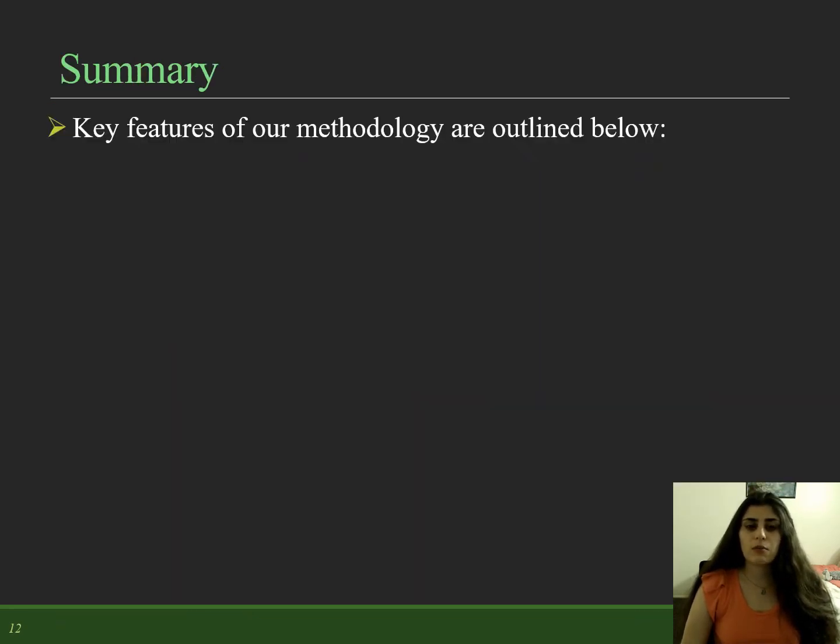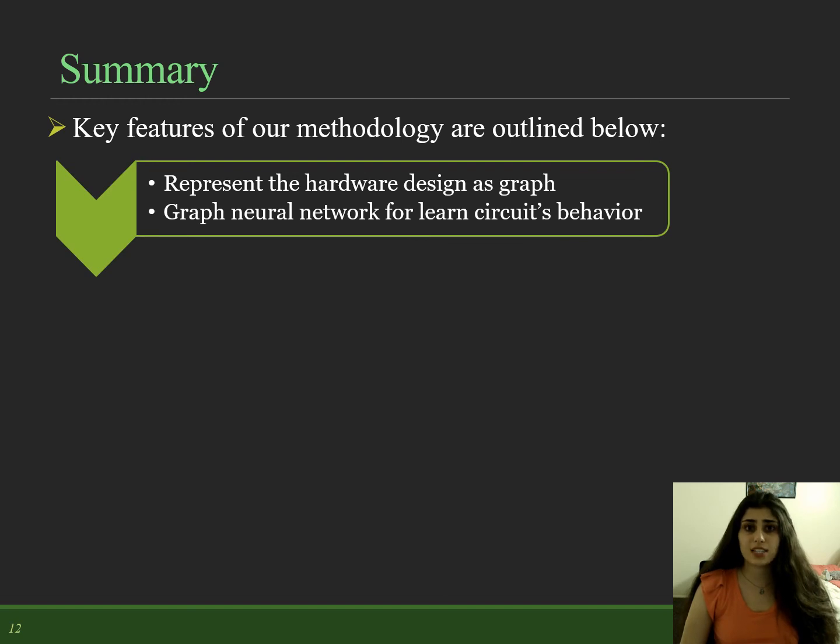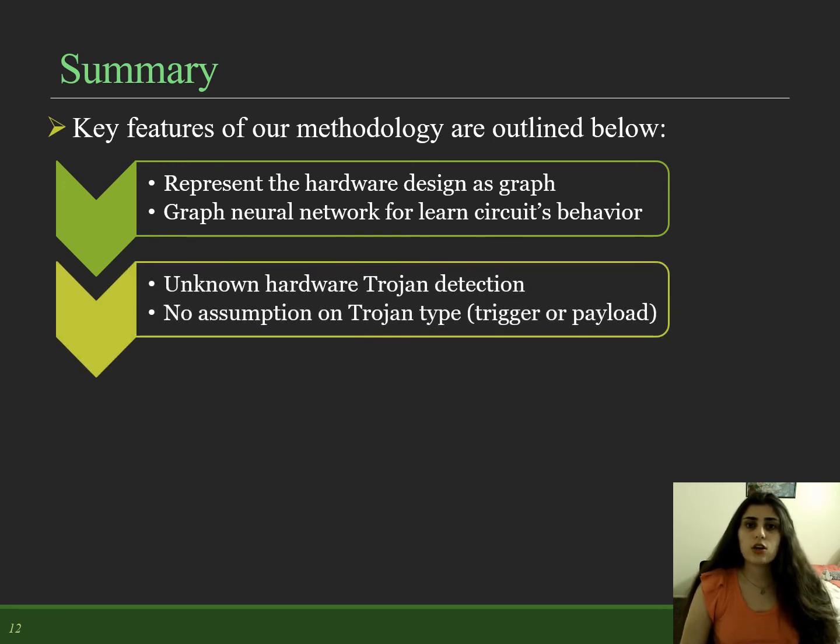In order to summarize the key features of our model, first of all, we represent the hardware design as a graph, and for the first time in the literature, we use a graph neural network to learn the behavior of the circuit. Also, it is able to detect unknown Trojans, and we don't put any assumption on the type of the Trojans.